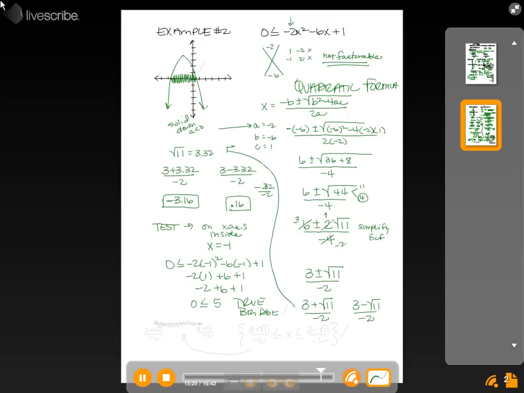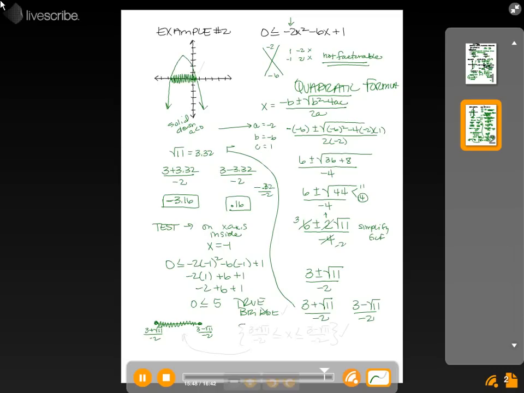And I'm not quite done yet. I'm going to redraw what this looks like. I'm going to give the exact numbers here. This is 3 plus the square root of 11 divided by negative 2, all the way to 3 minus the square root of 11 divided by negative 2. And I've shaded between them. Okay, notice I used closed circles because my parabola was solid.